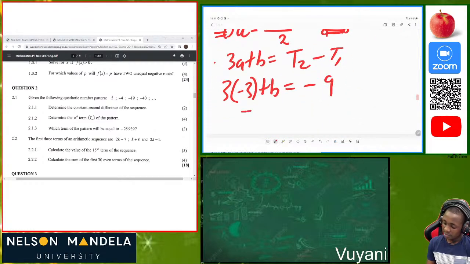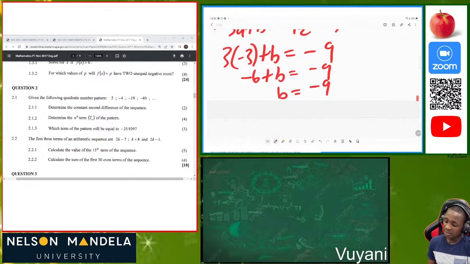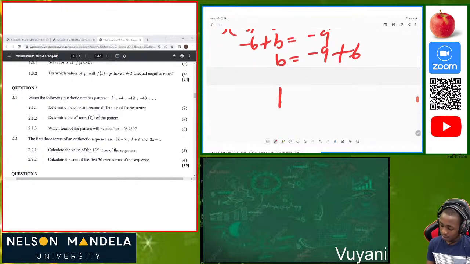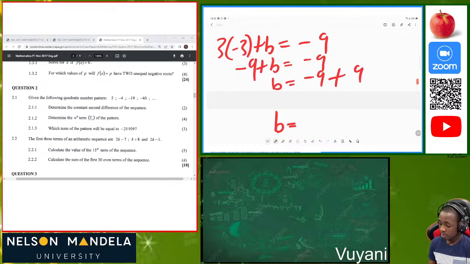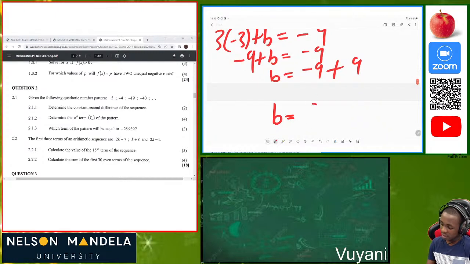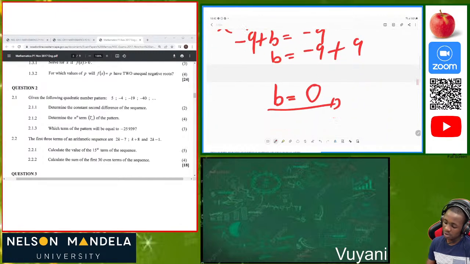So now we have negative 9 plus b is equal to negative 9. Sorry for that mistake: negative 3 times 3 is negative 9. Then we transpose it to be positive 9. So negative 9 plus 9 gives us a value of b, which is equal to 0.